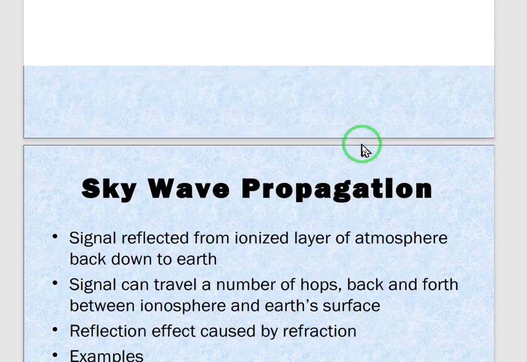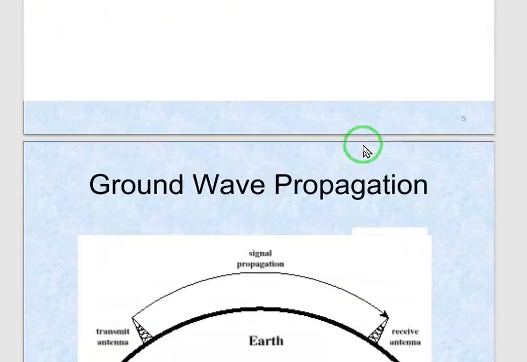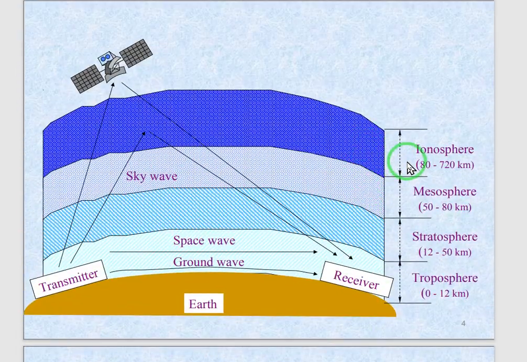In sky wave propagation, as from the figure, there are different layers of the atmosphere. The basic four layers: first is the ionosphere, at a distance above the Earth's surface of around 80 to 720 kilometers. Then below the ionosphere is the mesosphere, which is from 50 to 80 kilometers above the Earth's surface.